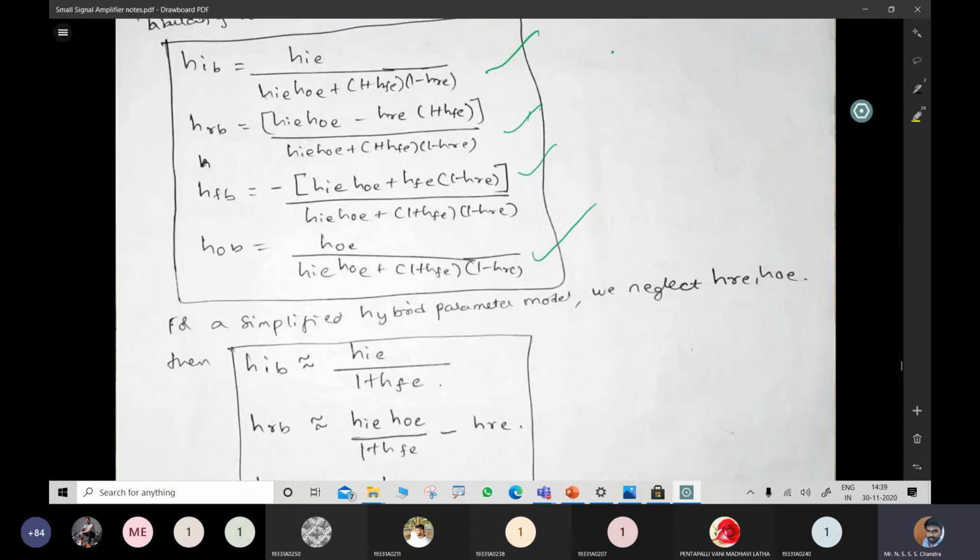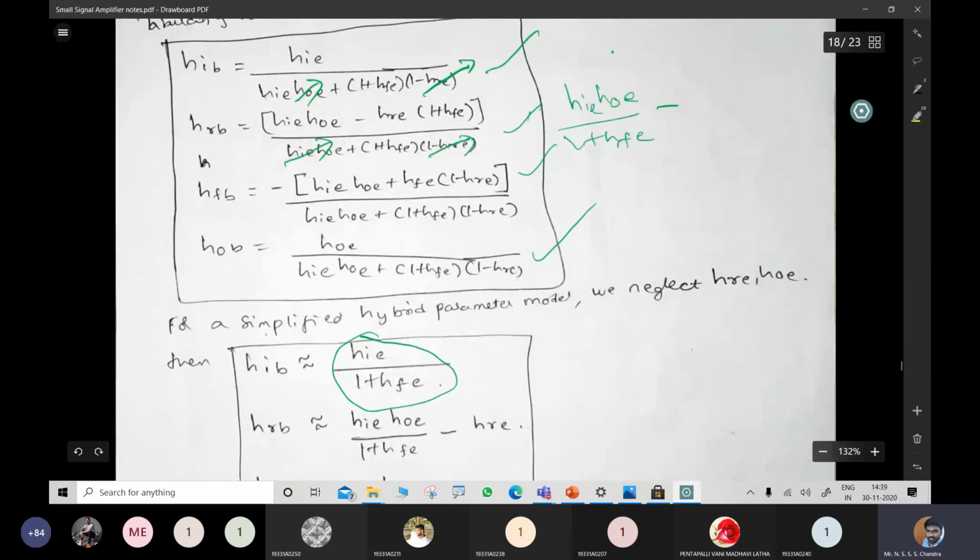So if you neglect these values, the HOE terms, what you are left with is HIB nearly equal to HIE by 1 plus HFE. Similarly, here if you remove this term and this term, you'll be left with HIE HOE by 1 plus HFE minus HRE. 1 plus HFE, 1 plus HFE gets cancelled. You'll be left with minus HRE. This term you are getting.